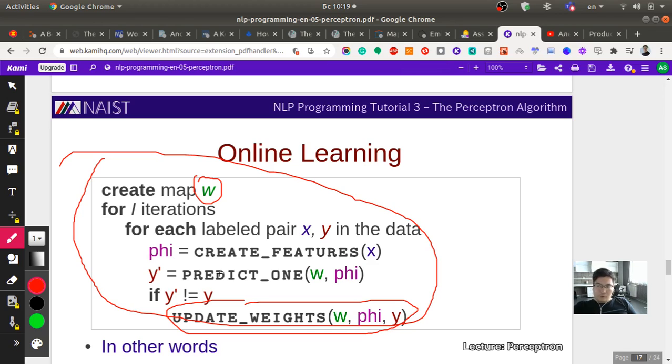It may show some correct results too, but most will not be correct. So what you do is say if the predicted y is not equal to y, then update weights.